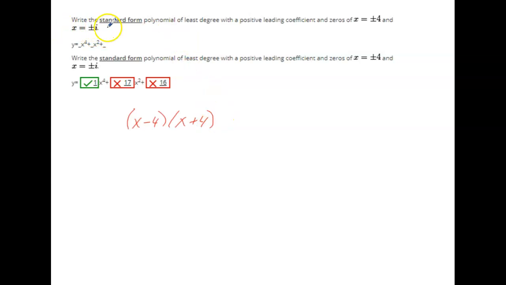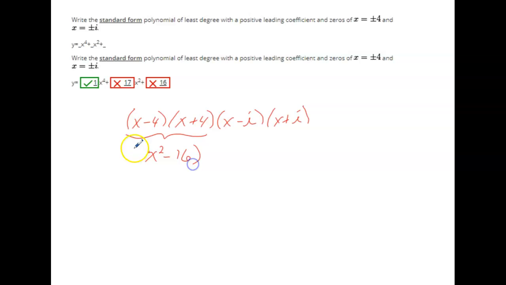And then 2 imaginary zeros in this conjugate pair, so we have x minus i and x plus i. Okay, and it doesn't say that any of those factors have multiplicity, so we don't need to worry about that. Okay, when we go to put this into standard form, x plus 4, x minus 4, that's a difference of squares. So we can use a difference of squares shortcut, and we'll get x squared minus 16.